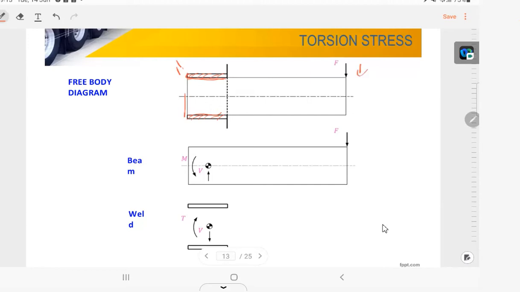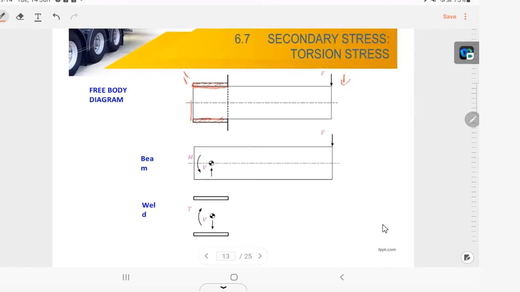And the same forces. Apa yang kita ada dekat sini? Okay. The same free body diagram for the welding.